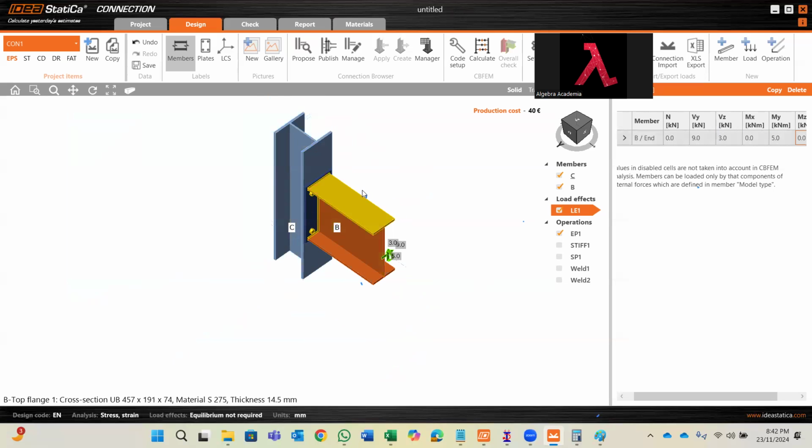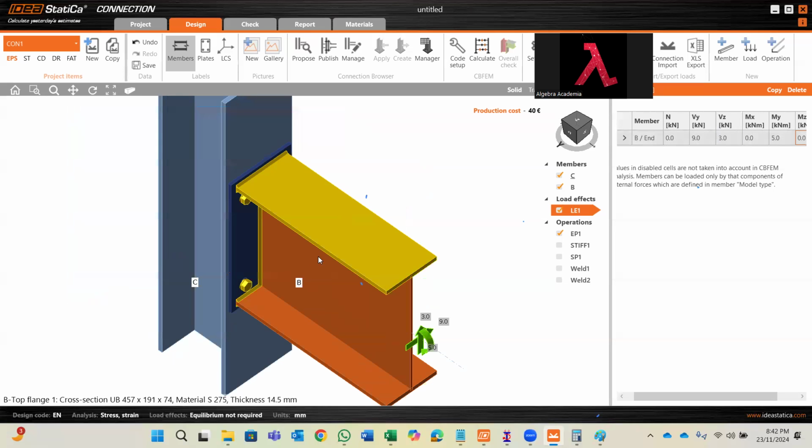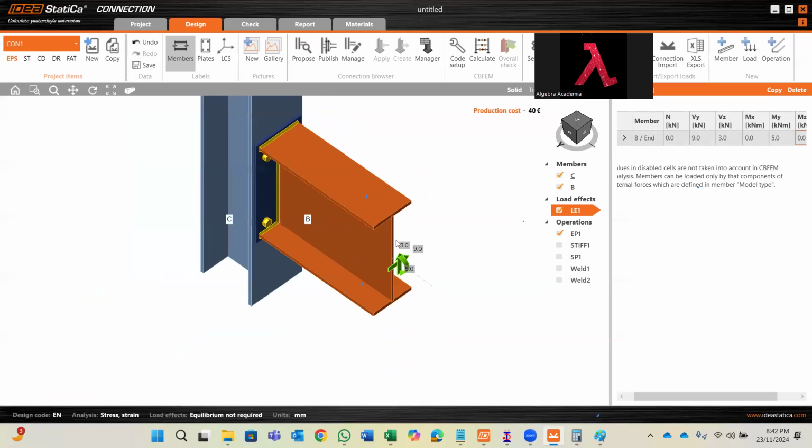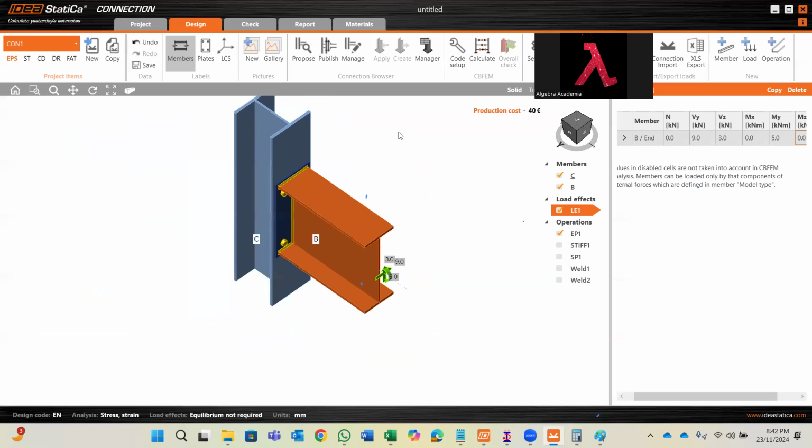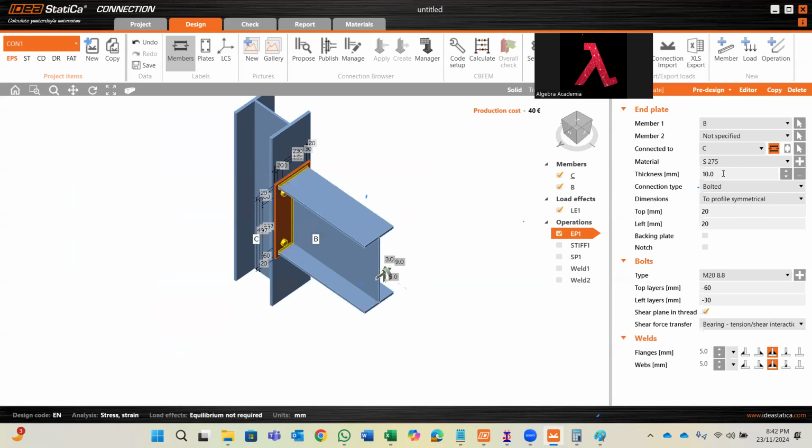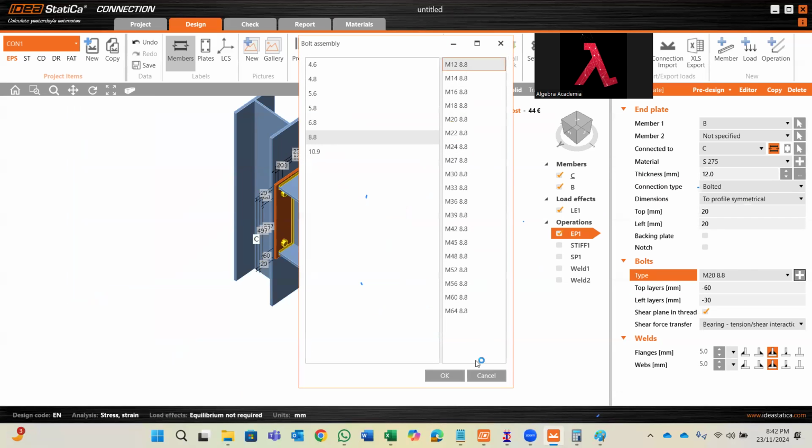Right? Yeah, these are the forces. That's all. And I'll just change the bolt diameters and plate thickness as well before running it. So the plate thickness is 12 millimeters and the bolt diameter, I'll change to 12 millimeters as well.